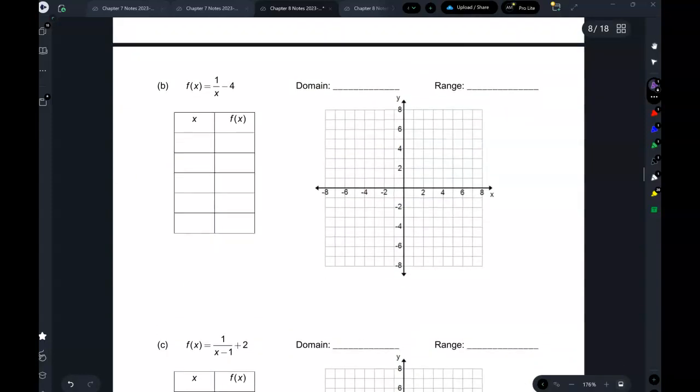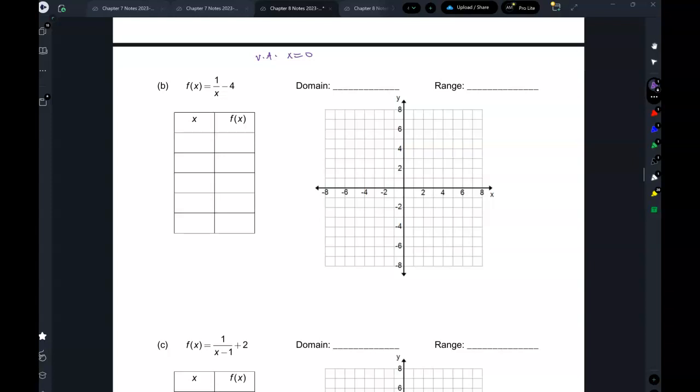All right. So now, what kind of transformation is there on this graph? Down 4. So the vertical asymptote is x equals 0. That hasn't moved anywhere.